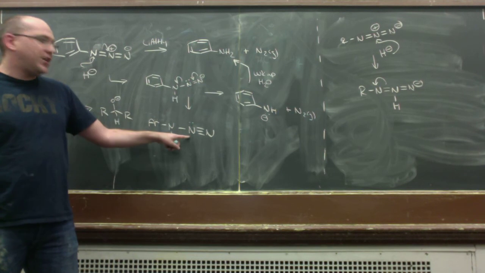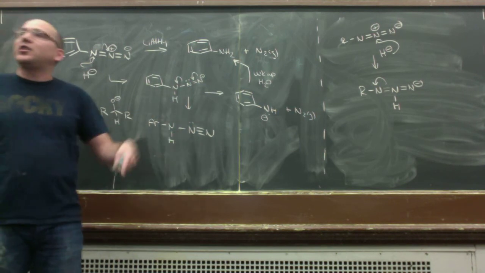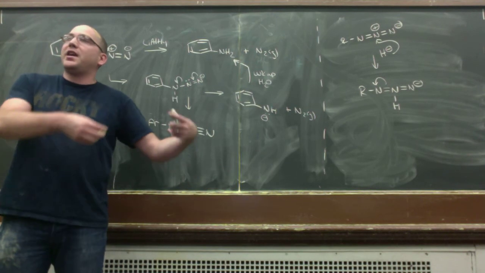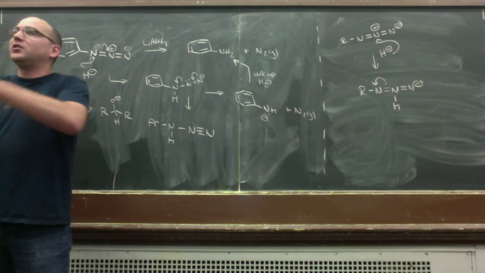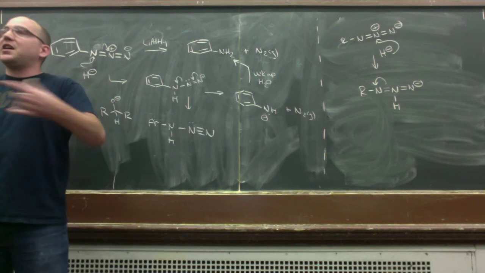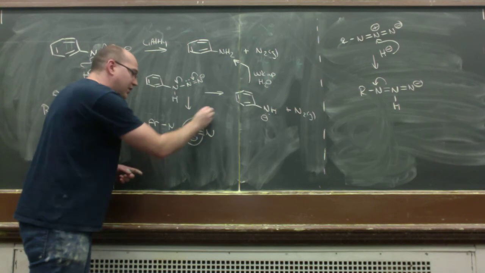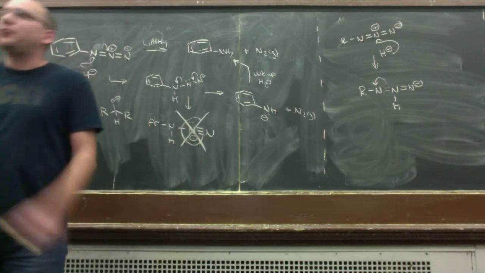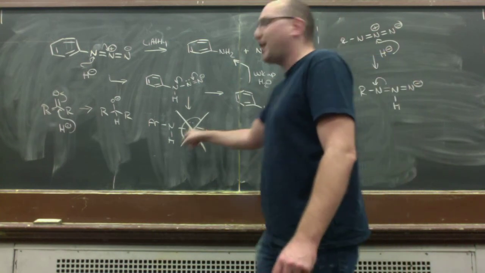If you go from here to here, the overall system has to stay negatively charged. You're not going to suddenly push electrons and make a negatively charged species suddenly a positively charged species without some other thing that's taking on and helping balance that charge. So this would be negative, and it would be horrible, because we would have broken the octet. Make sense? So when you push them that way, you've got to keep going.